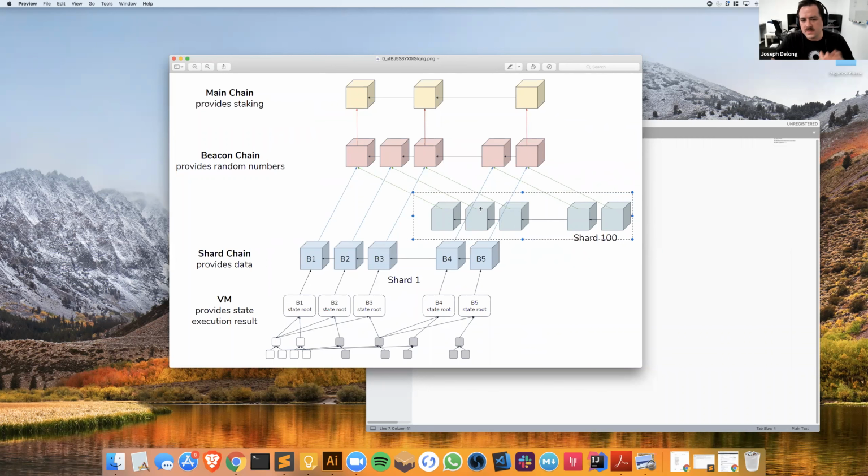That provides finality to the state, although there is a little bit more to that. So these shard chains are running in parallel to the beacon chain, rolling a state, essentially.